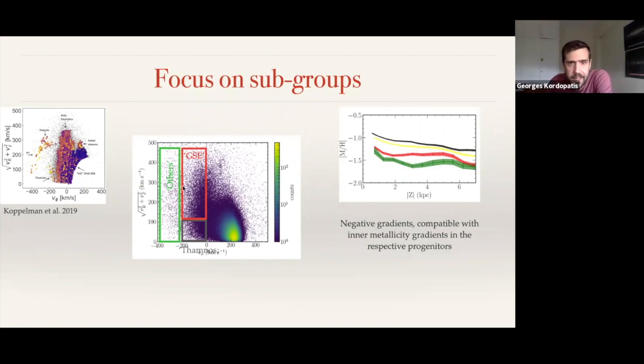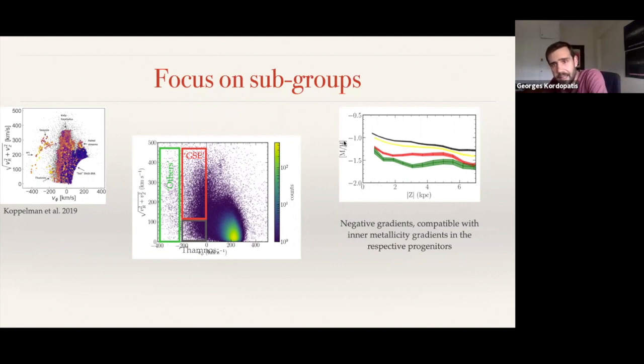And so basically I made some boxes in my sample, where here you have a population that will mostly probe the Gaia Sausage Enceladus, then at the same V5 range, a sample that would probe the Thamnos population, and another large selection in the lower V5s, which I call others, but contains in particular the Sequoia accreted event.